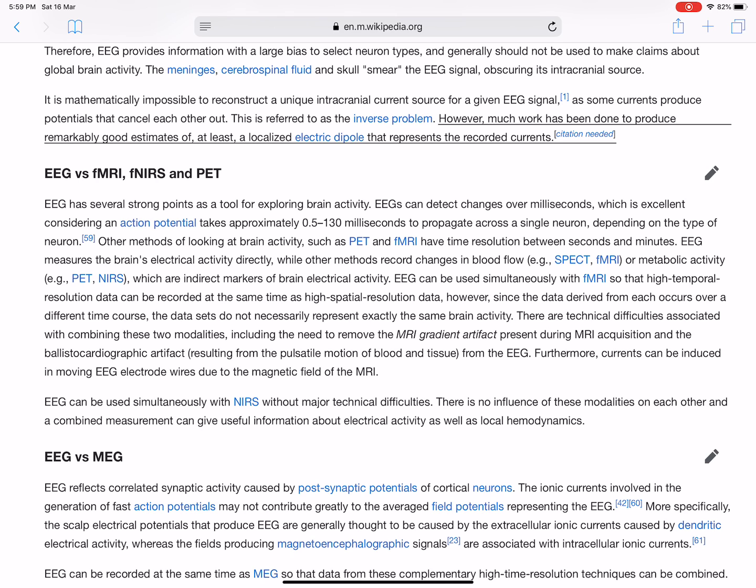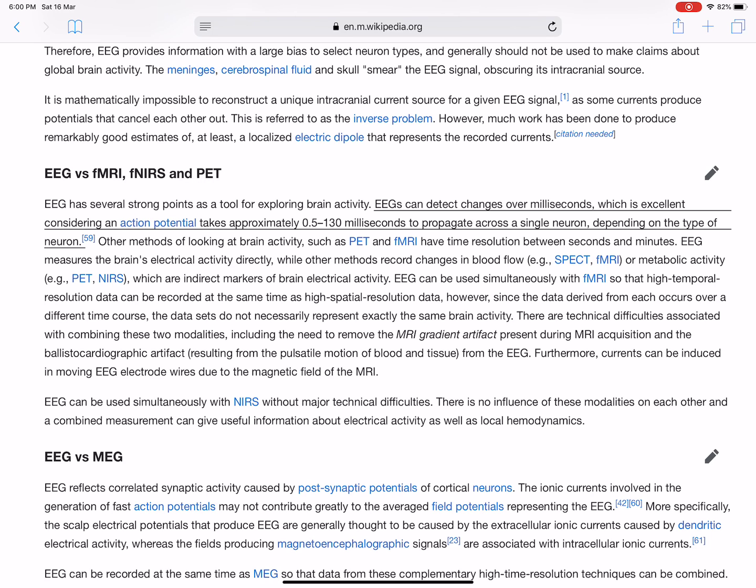EEG versus fMRI, fNIRS and PET. EEG has several strong points as a tool for exploring brain activity. EEGs can detect changes over milliseconds, which is excellent considering an action potential takes approximately 130 milliseconds to propagate across a single neuron, depending on the type of neuron.